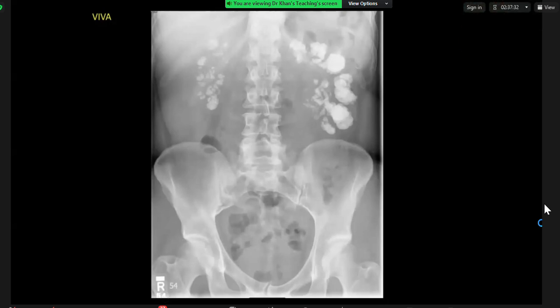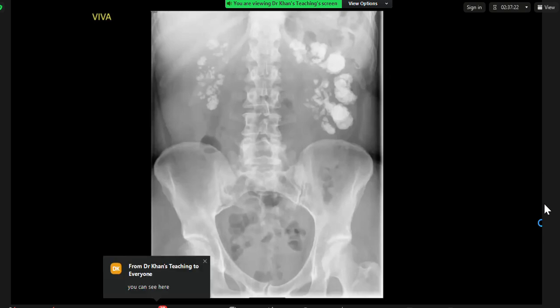So there's bilateral renal calcification, it looks like medullary-based calcification, bilaterally, more so on the left than on the right-hand side. Differentials for medullary calcification include medullary sponge kidney, renal tuberculosis, and hyperparathyroidism.